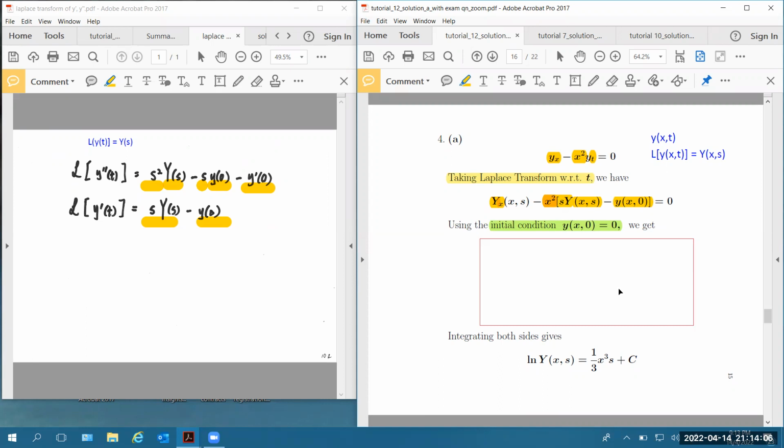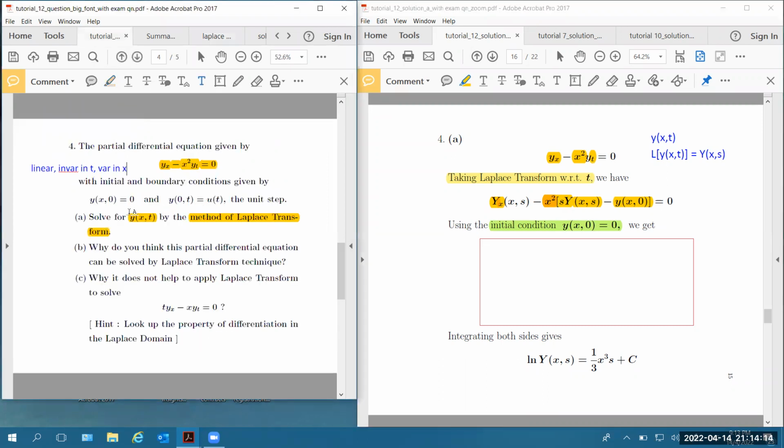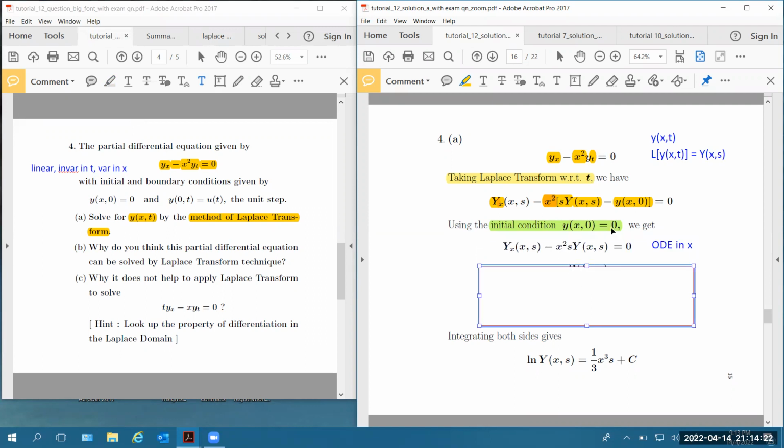Here there's an initial condition, y(x,0), and that one is actually given, so we can use it. I'm going to substitute it in, and after you substitute in, this is what you have. Then you realize, look at this, there is no more derivative in t. In fact, t disappears.